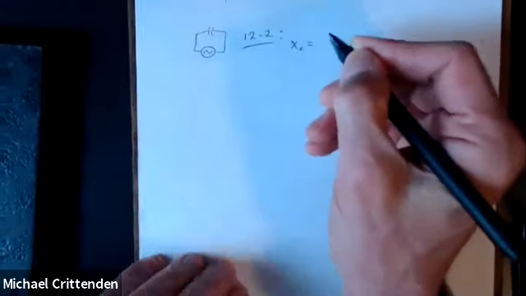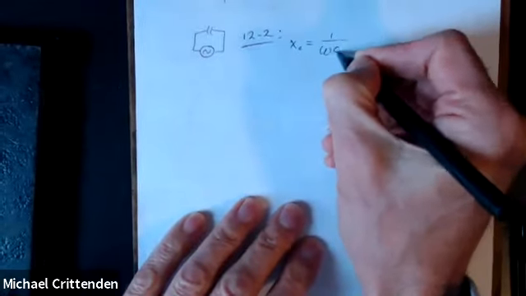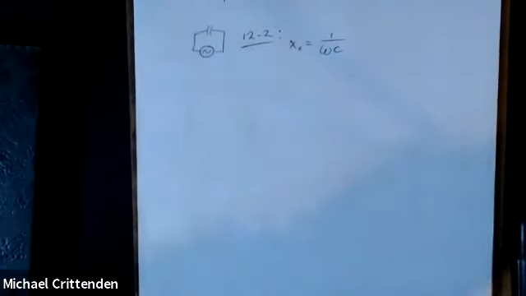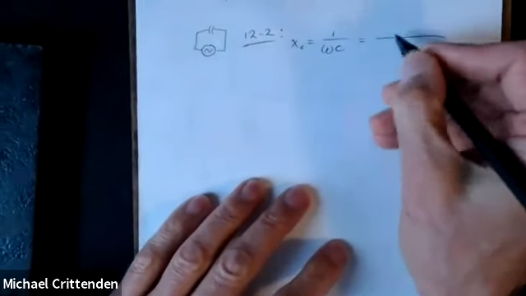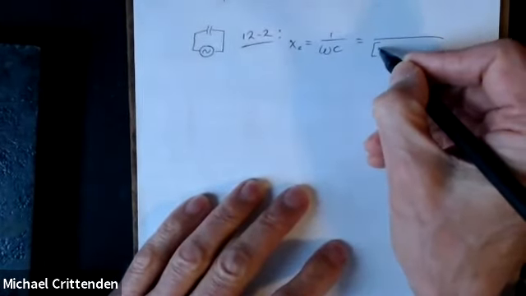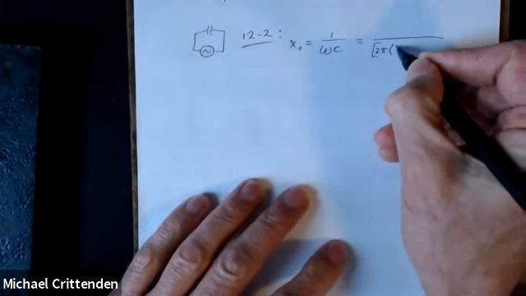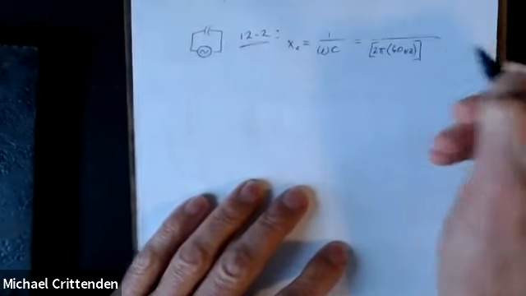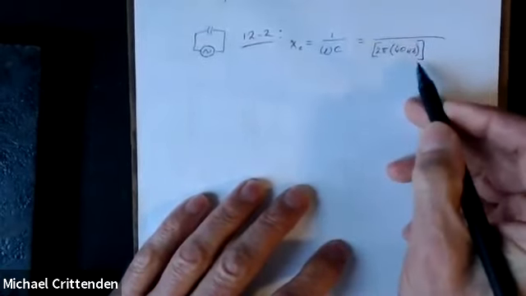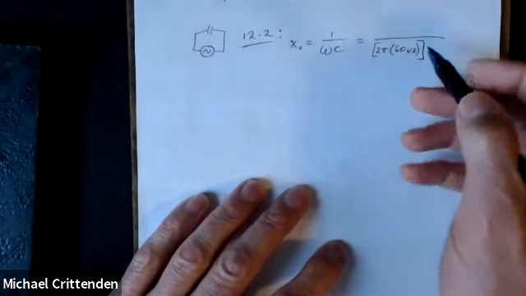XC, capacitive reactance, 1 over omega C. Omega is 2 pi f, so 2 pi times 60 hertz. When you've done this enough times, you remember that that's, I think it's 377 radians per second.